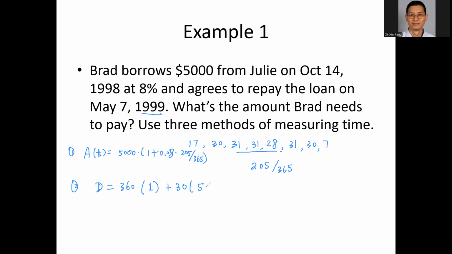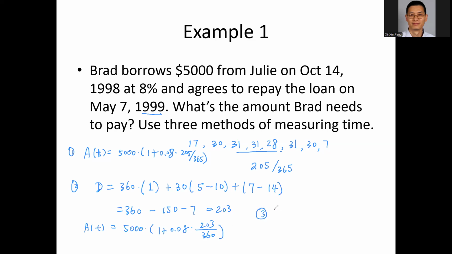And you have May 5 minus October, which is 10, such a negative number, and plus 7, May 7 minus 14, so 360 minus 150 minus 7, that's 203. So A of T equals 5,000 times 1 plus 0.08 times 203 over 360.